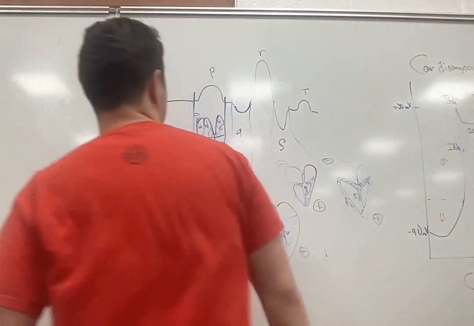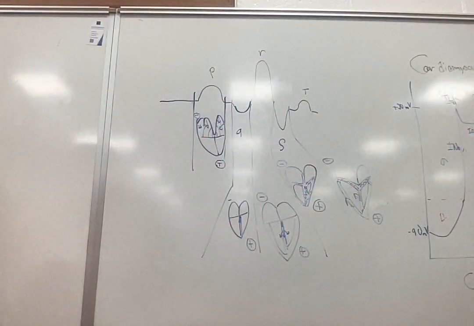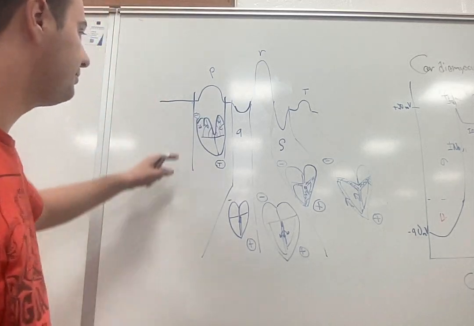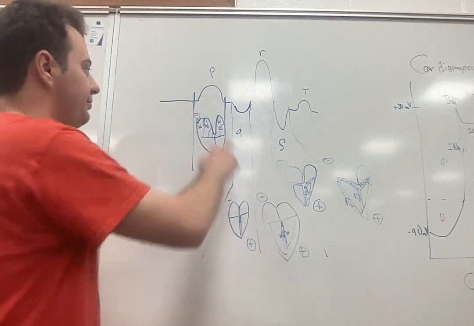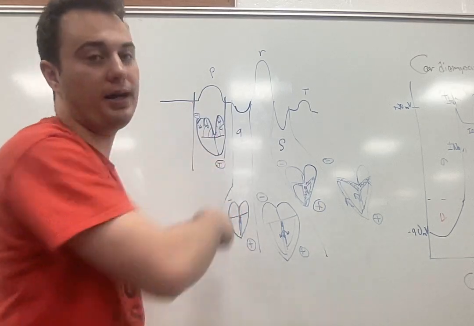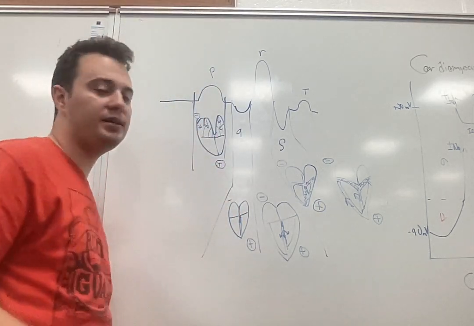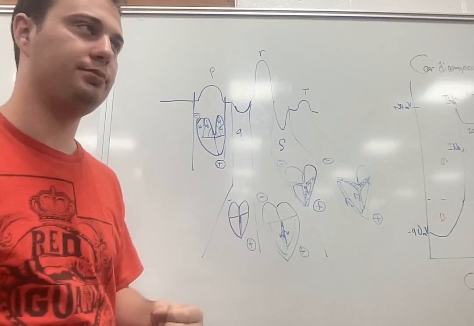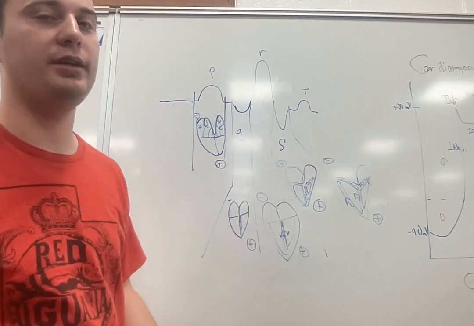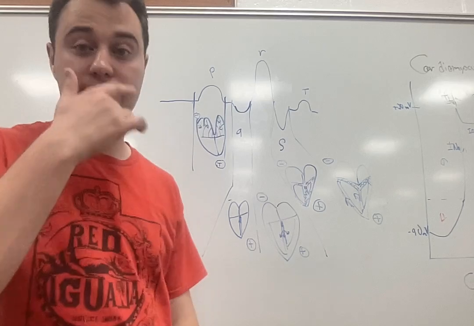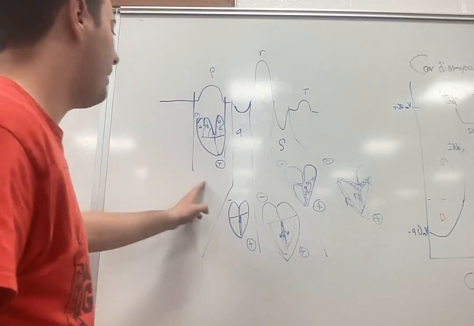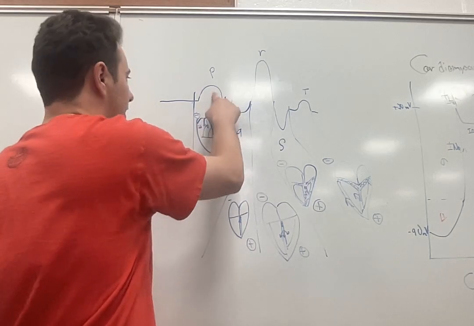So let's start with the P wave, right? So the heart right now, it's depolarized, right? And the way we measure it is top left is negative, bottom right is positive, right? And we're far more interested in the direction of the charge. We are interested in polarity, but the polarity relative to the direction it's going to, right? So if there's a negative charge traveling to the positive, that's marked as up.